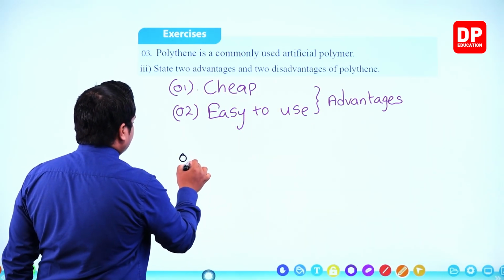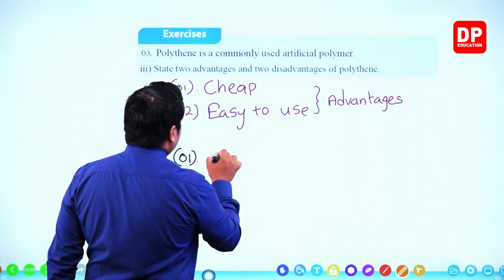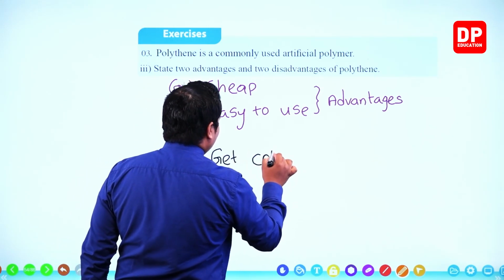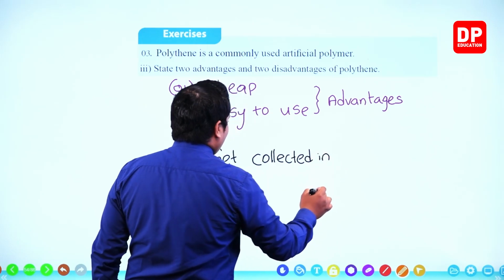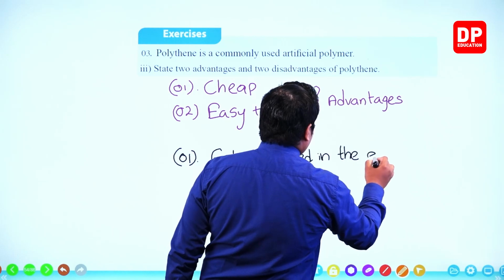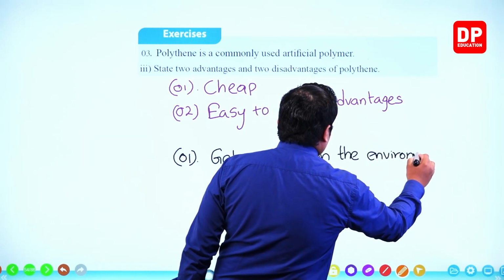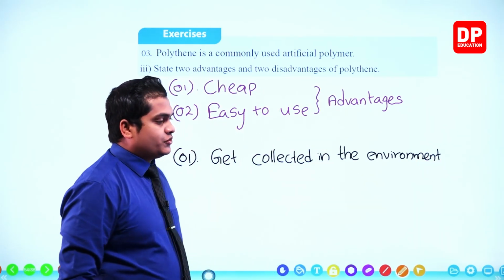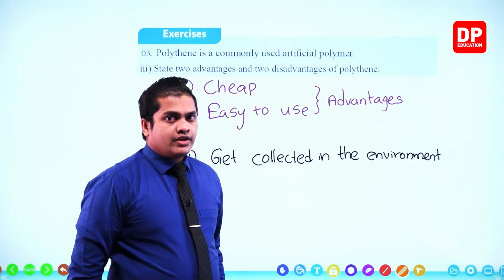Then disadvantages, right? I'll use a different color to write down the disadvantages. Number 1, they get collected in the environment, because you know that these polythene substances are not biodegradable.